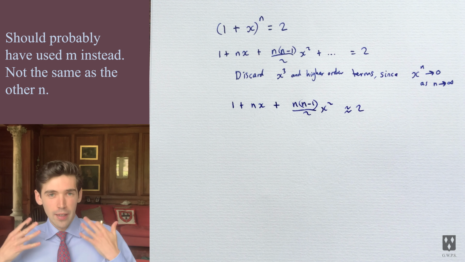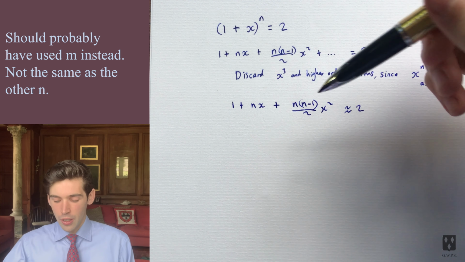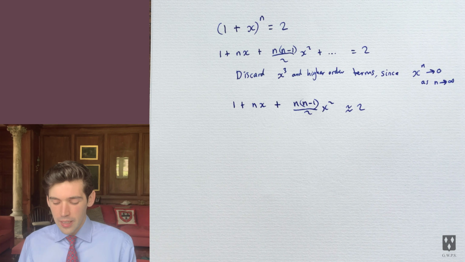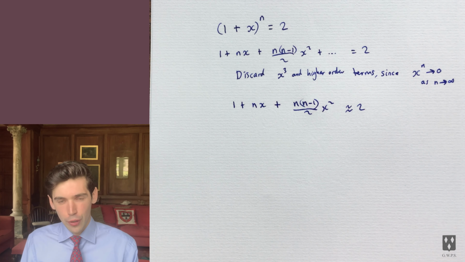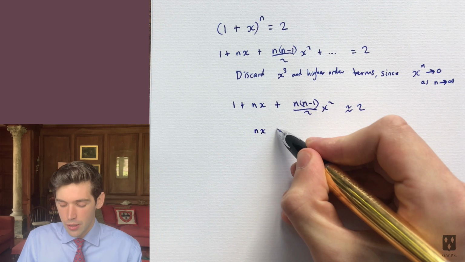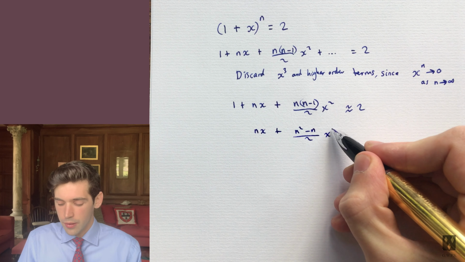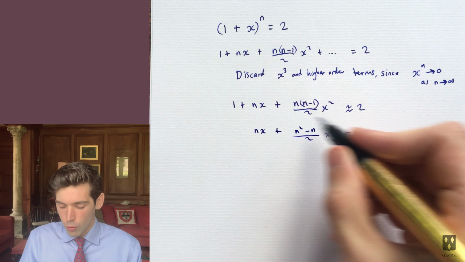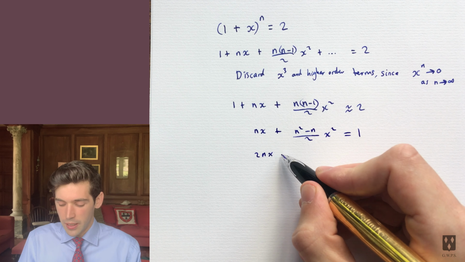Now we are in an approximation, and this is actually a second order approximation, because this is a first order term and then x squared is a second order term. Let's just simplify what we can. I don't like having fractions, and I don't like having a 1 and a 2 here. So let's just simplify this. I'll multiply out the n, and I'll use an equal sign now, but remember that it was an approximation from earlier.